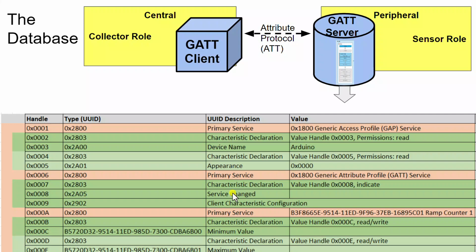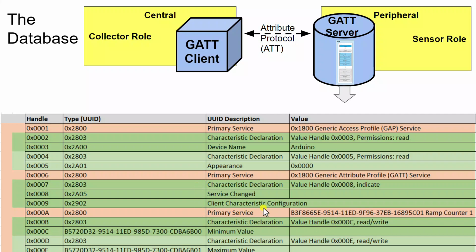It has an indicate permission, which means the client can set this value here and say, yes, I want to know when services have changed, and so that's why it has 3 attributes for this one characteristic.